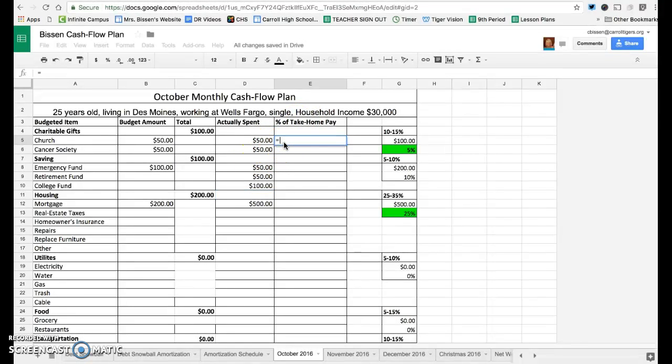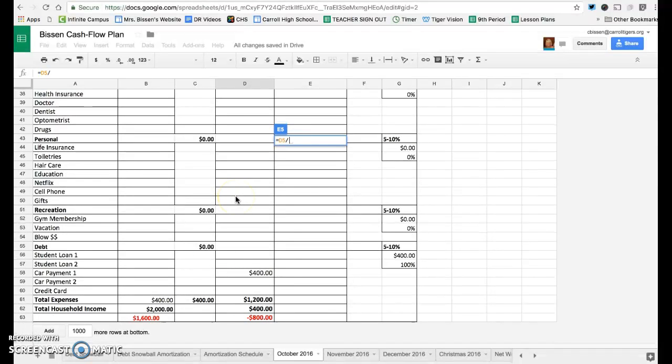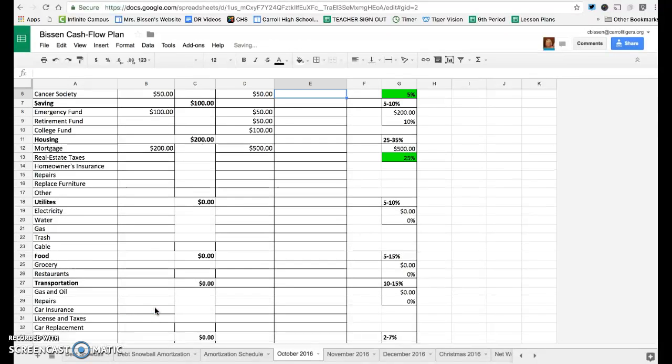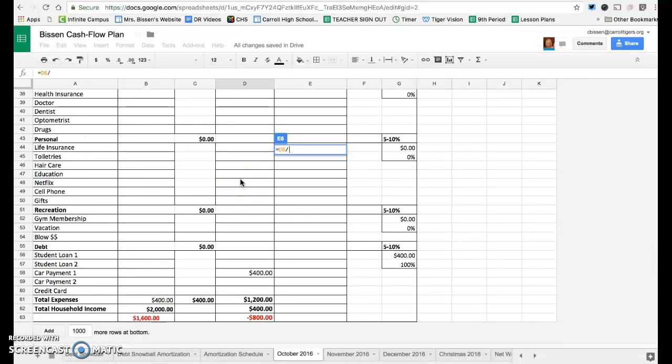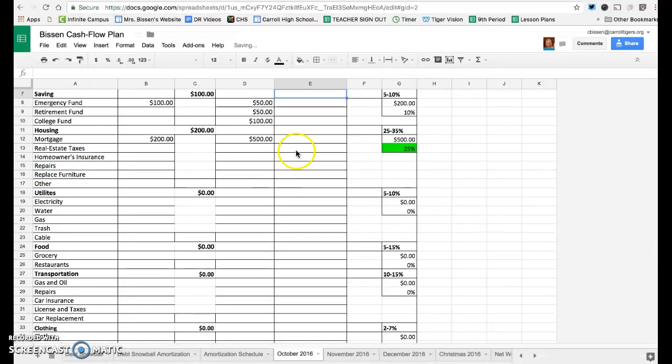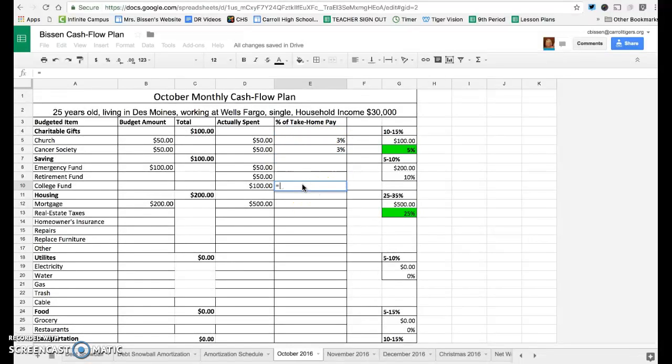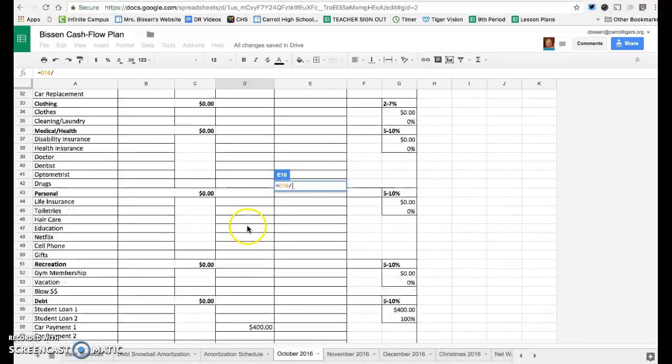So I need to do equals what they actually spent that month divided by what their take-home pay was. And I press enter, and it tells me this one was 3%. And I do equals this divided by their take-home pay. This is going to take them a while. 3%, I'm going to do one that's not, equals what they actually spent divided by their take-home pay.